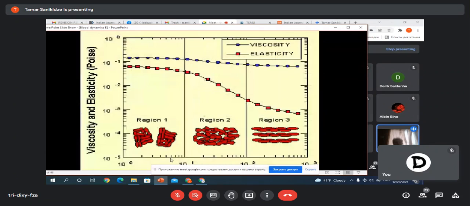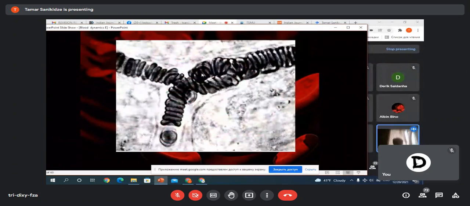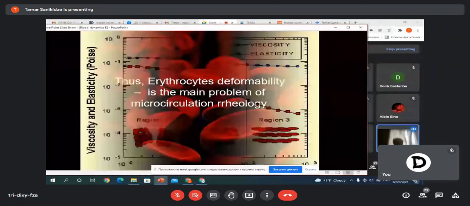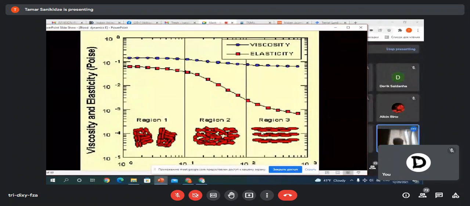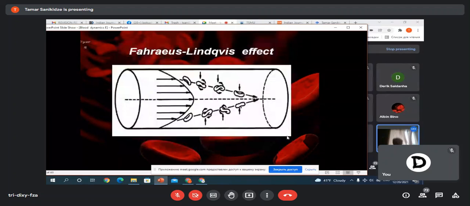Therefore, when the rate of blood circulation is low, erythrocytes will not be deformed enough, which supports stasis of the erythrocytes and disorder of the microcirculation. When the speed of the blood flow increases, erythrocytes will be packed one after another, and rheology will be improved. So as you see, erythrocyte deformability is the main problem of microcirculation rheology.